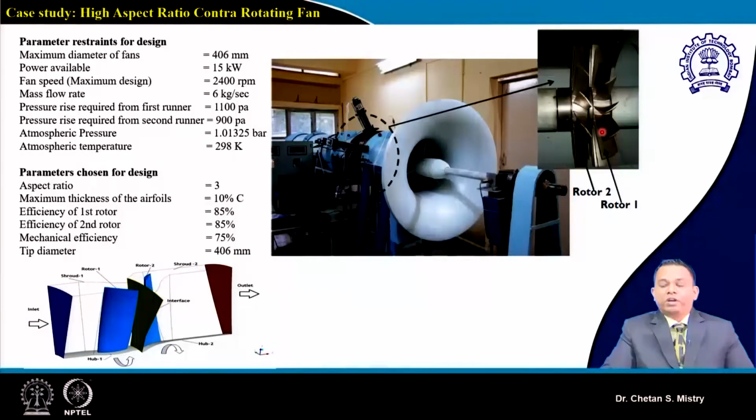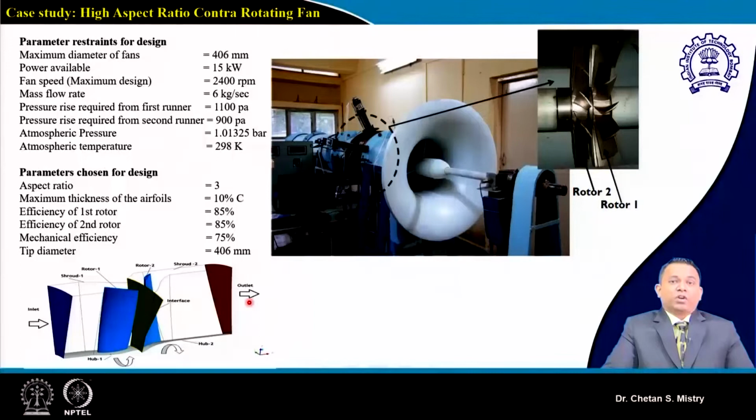Rotor 1 rotates in the clockwise direction and rotor 2 rotates in the anti-clockwise direction. In order to do the design for this contra-rotating fan, we need to use a computational tool. For that purpose we used ANSYS CFX for solving this design problem. Before finalizing, we need to go through a number of iterations.